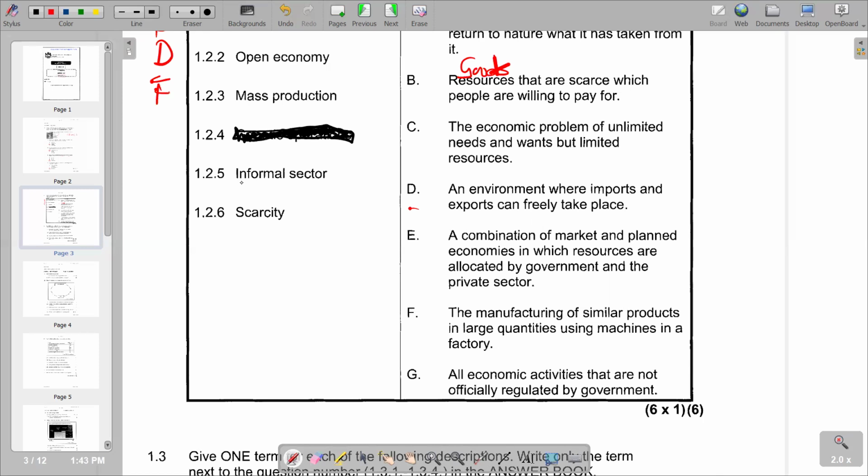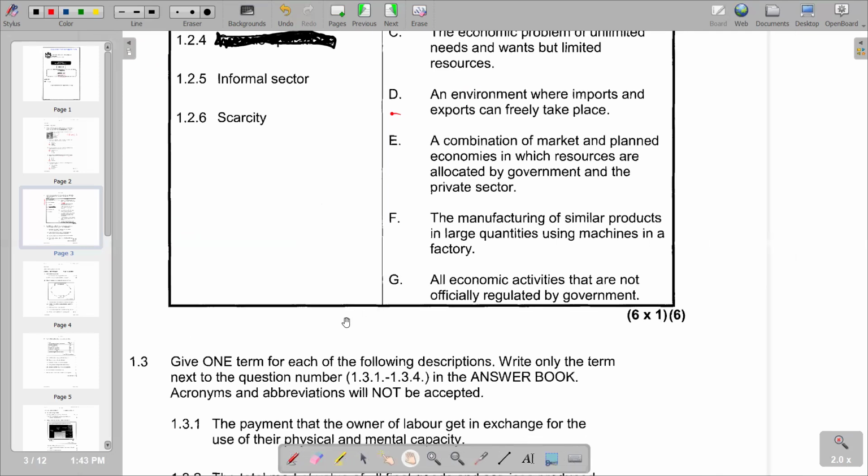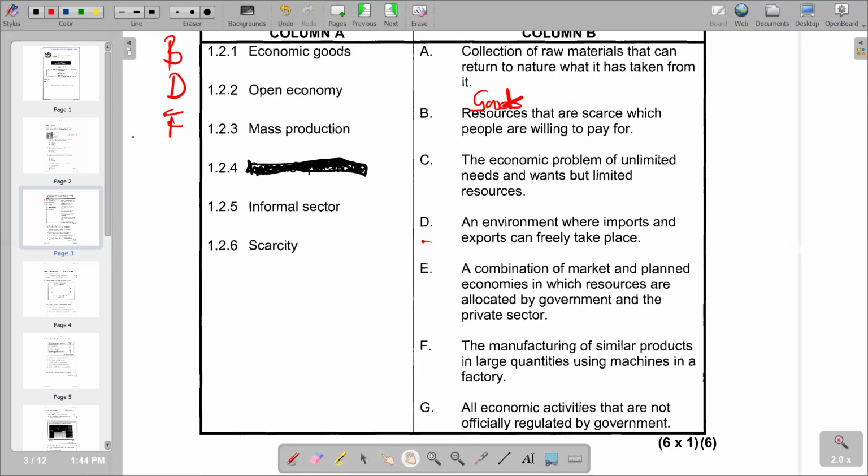It's not a regulated sector. So basically, we go to our column B, trying to see which explanation is that. So we go to G here, saying all economic activities that are not officially regulated by government. So we have G at 1.2.5. So we can just represent our G.